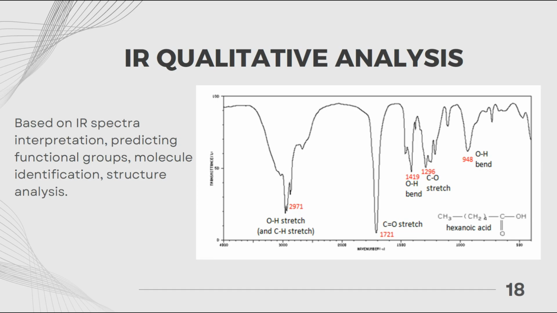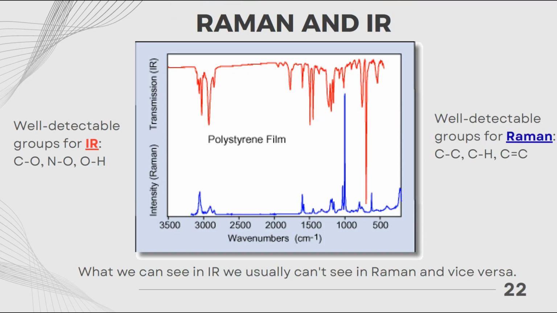But Raman spectroscopy is really sensitive for CC, CH, or C double bond C bonds. And that's why really often, what you see very well in infrared, you do not see in Raman, and vice versa. So let's try to compare the spectra, and you may see that you may use these techniques together to get the best result of the analysis.